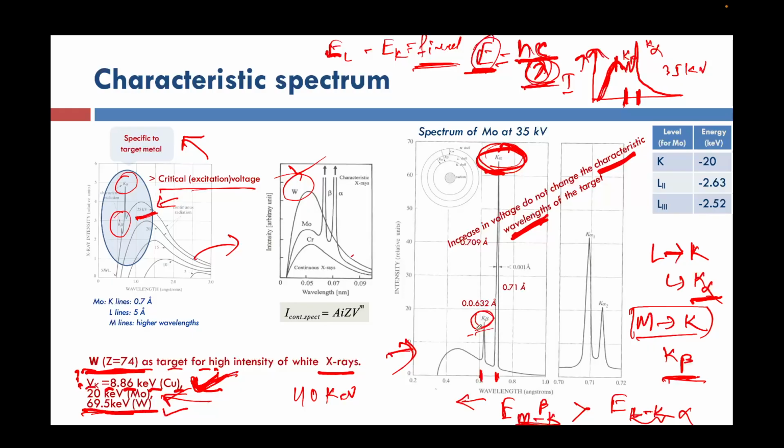So why, if the energy of K beta is greater than the energy of K alpha radiation, are we getting a more intense peak from K alpha? This is because when an inner cell vacancy is created at the K cell, the probability of a jump from the L cell is much higher than the probability of a jump from an M cell.